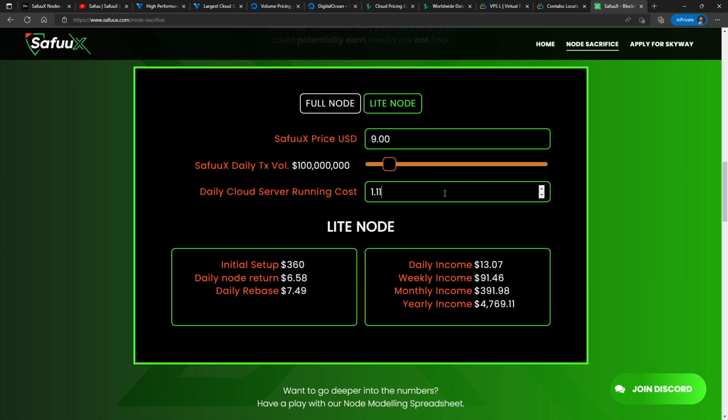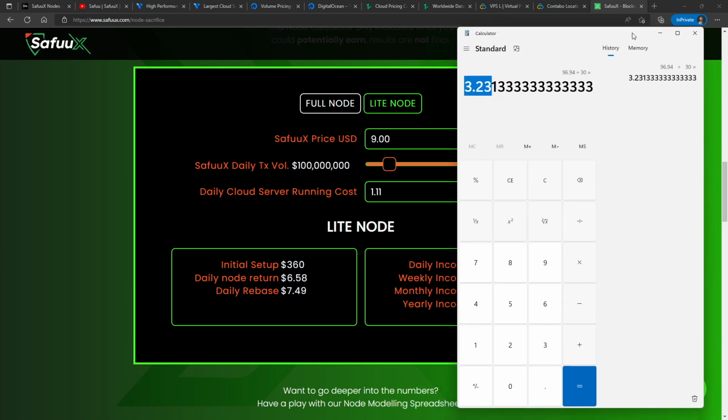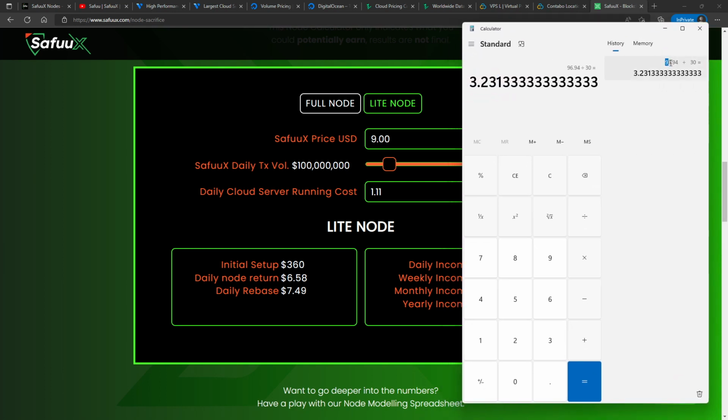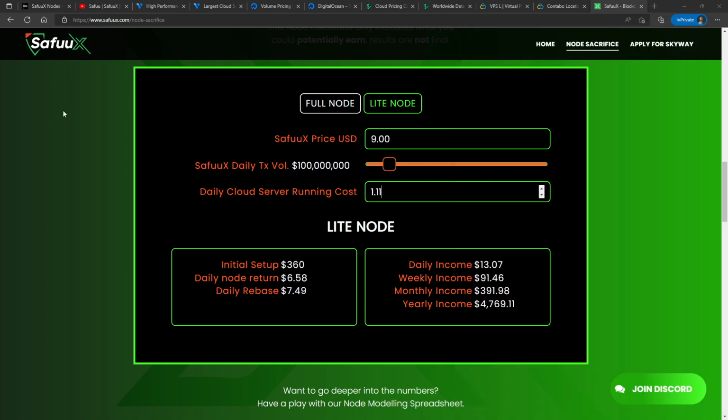So if I go in and think about what was the 1-year commit for AWS, the cheapest of the big three, and that was $96.94 per month. 1-year commit divided by 30 gives me $3.23 per day.